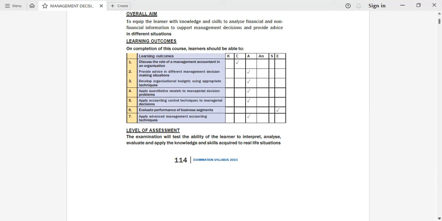Meaning, if you do section B and you get your 50%, the rule is make sure you get 50%. If you get 50%, you have passed, whether you got it from section A or from section B. So long as you get 50 marks, you have passed.